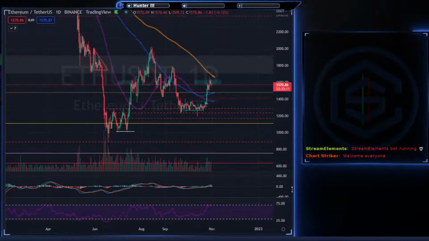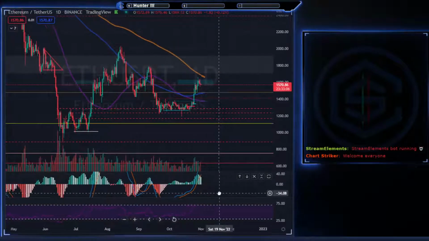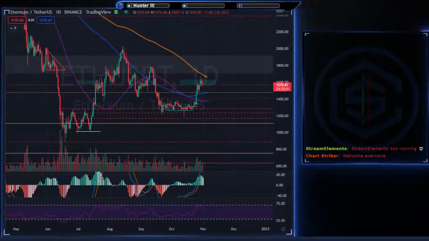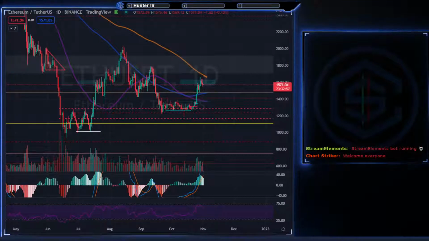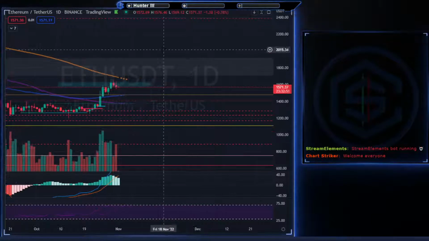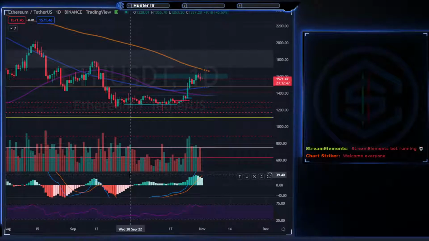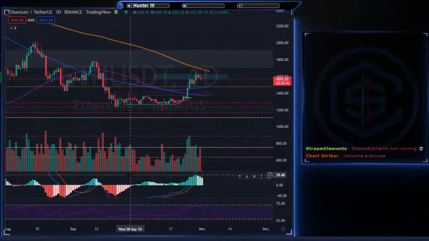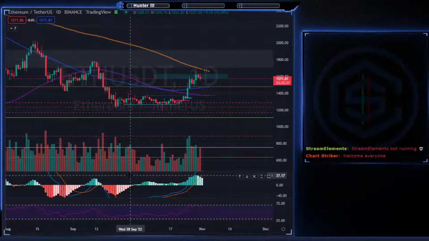So the difference between Bitcoin and Ethereum on the daily: Ethereum, we have clear bearish divergence on both oscillators, like a very clear one.